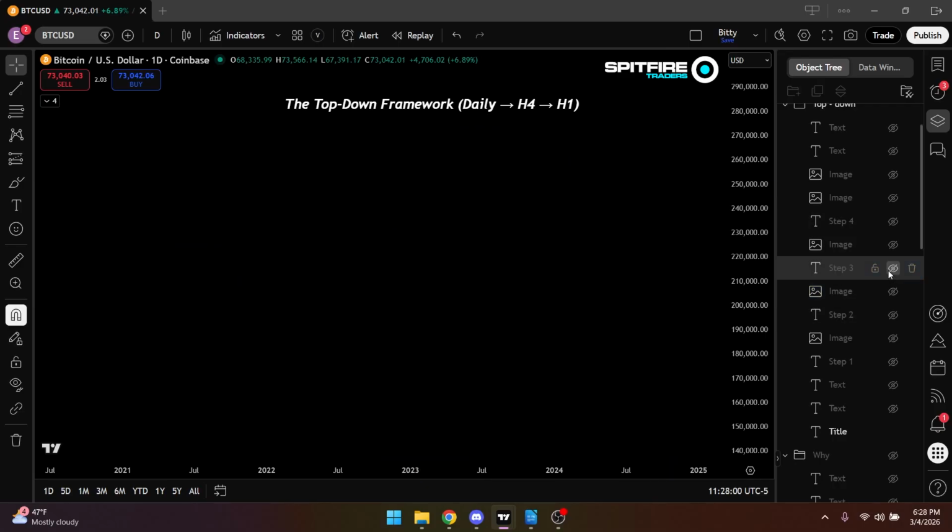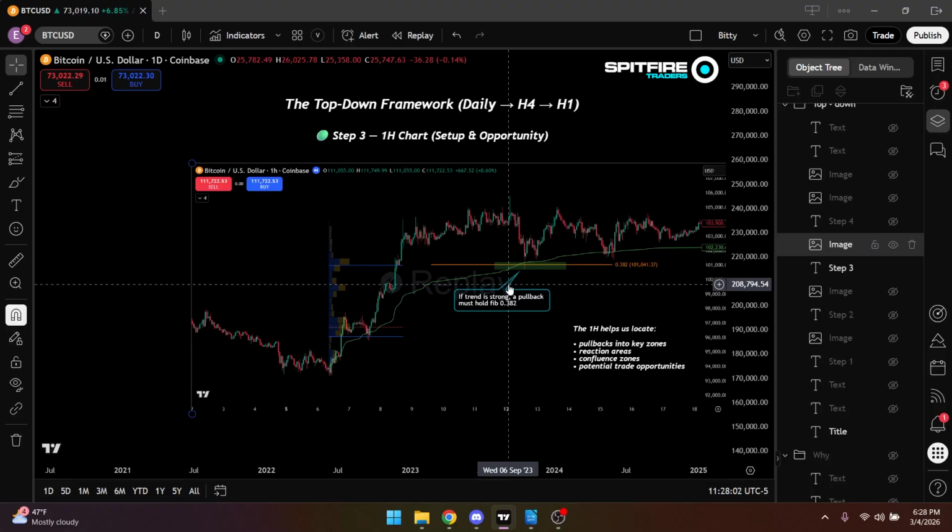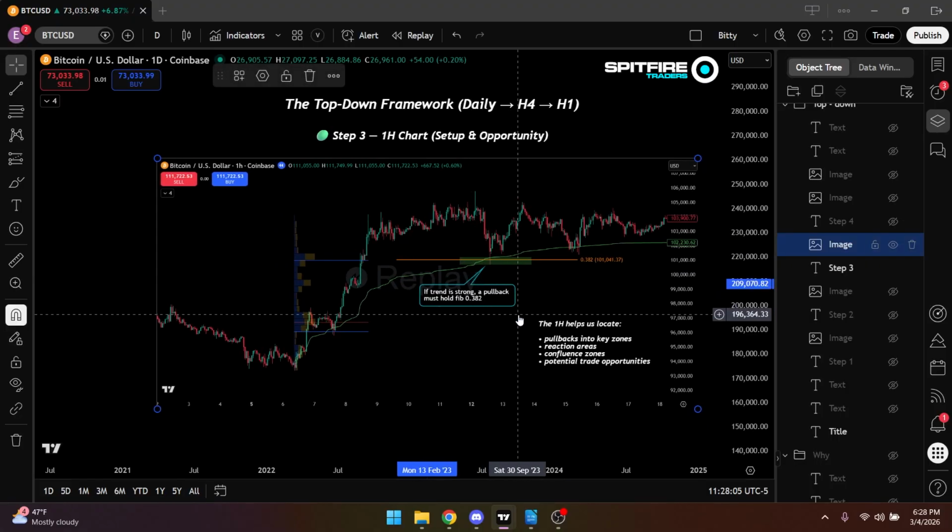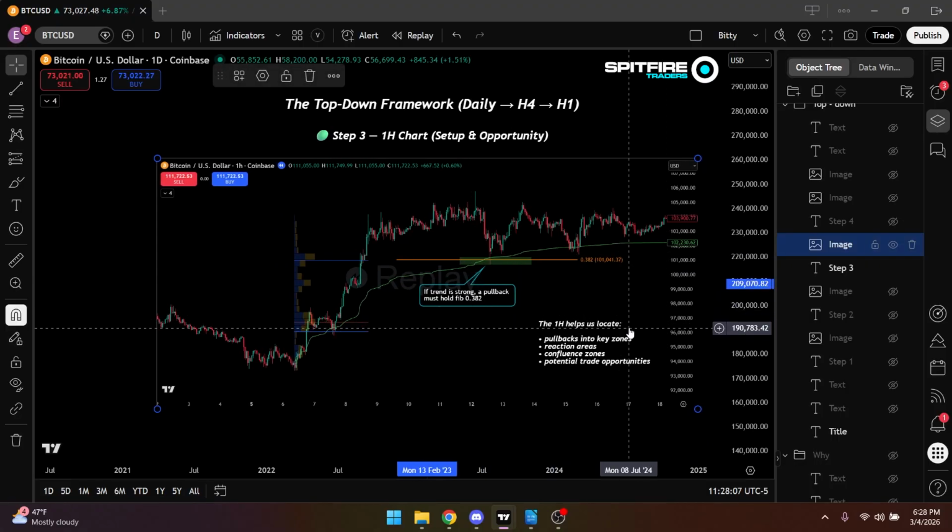Then we drop on the 1-hour chart. This is where we start identifying potential trading setups. On the 1-hour chart, we are looking for pullbacks into key zones, reaction areas, confluence zones, and potential trade opportunities. At this point, we already have context from the daily chart and direction from the 4-hour chart.